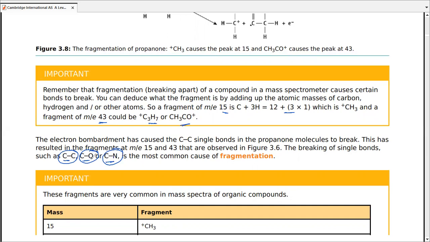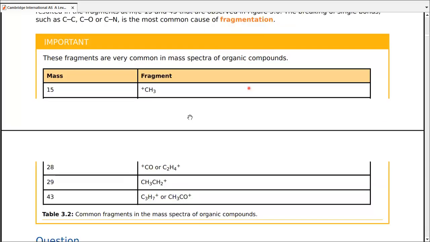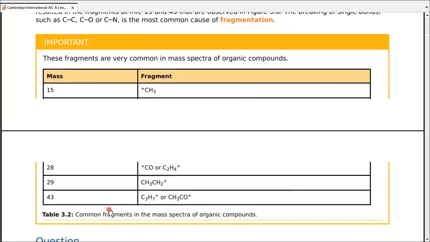So try breaking these first, finding out your fragmented portions, relating them to the given values. And if these don't work, go ahead and break other bonds, whichever ones you like, just to get to the value.